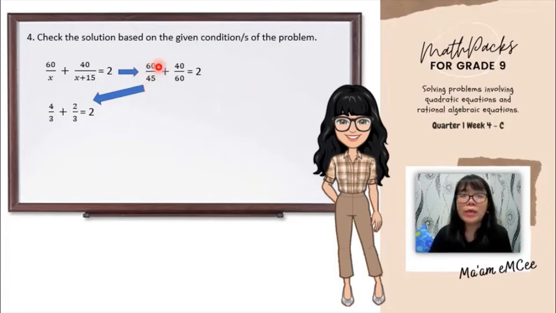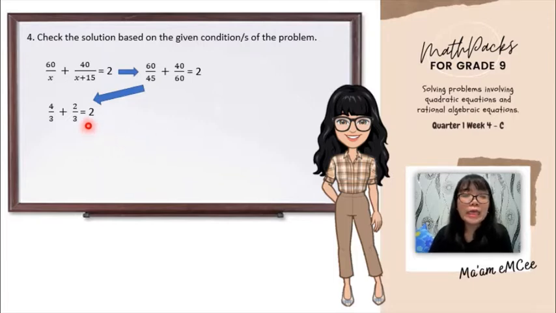So what is the greatest number which can divide both 60 and 45? The answer there is 15. So we have divided 60 by 15. That is equal to 4. We have divided 45 by 15, and that is equal to 3. That is how we get 4 thirds. So 4 thirds again is the lowest term of 60 over 45.